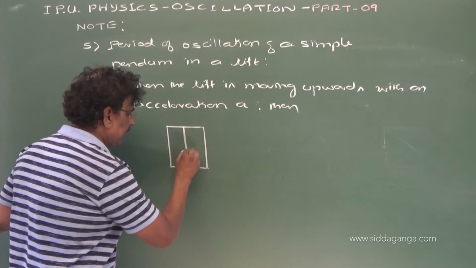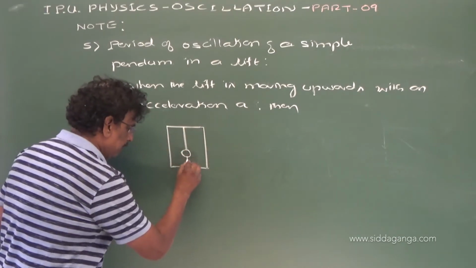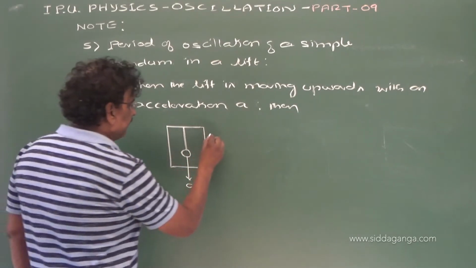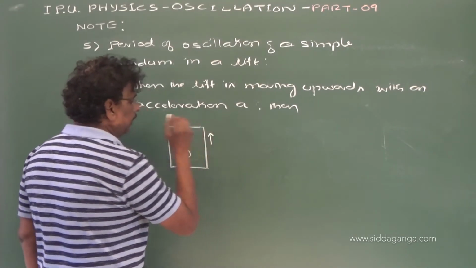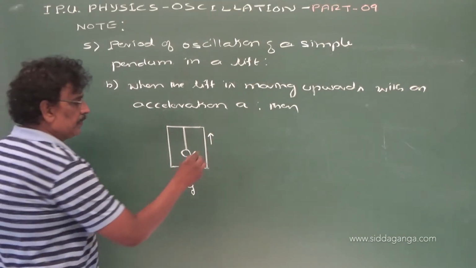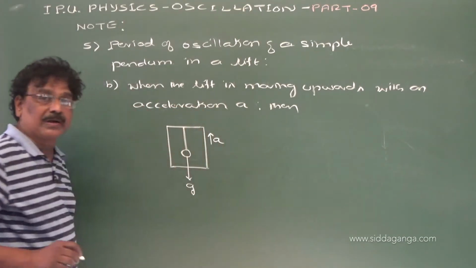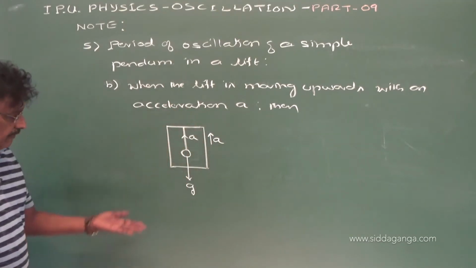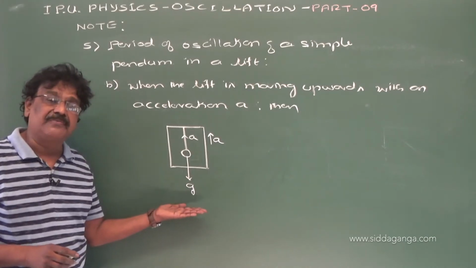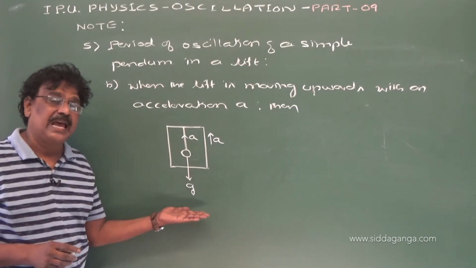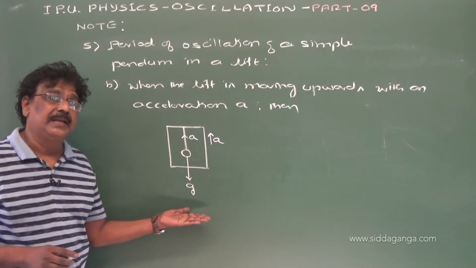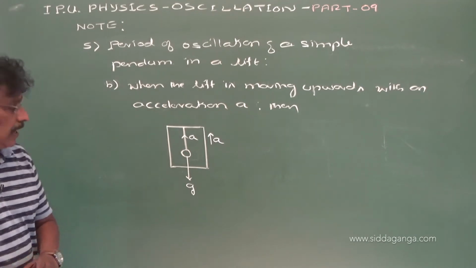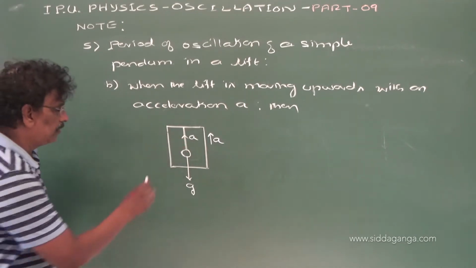Now a simple pendulum, right? Now g is acting downwards. If the lift is moving upwards, then it is having an acceleration a. There is a force called fictitious force or pseudo force acting on the bob, right.